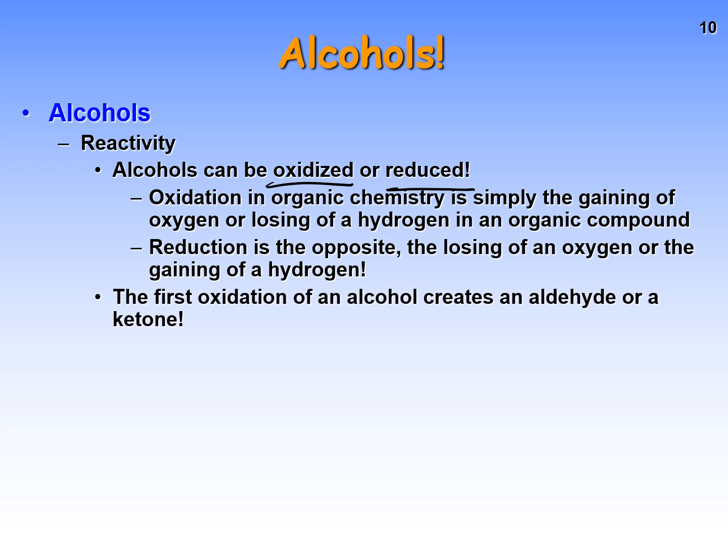The first oxidation of an alcohol is going to create an aldehyde, or a ketone, it really depends on the position, right? So for instance, if I have ethane, and here's my OH group, if I oxidize this, I'm going to lose this hydrogen. The electrons there will come here, and we'll get that.